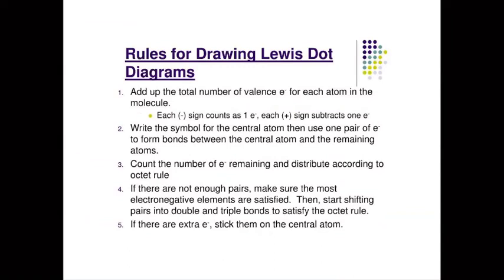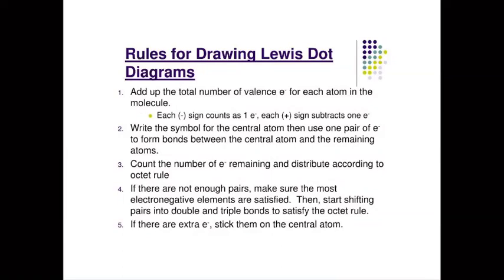Then we write the symbol of the central atom and form bonds around that central atom, okay? Then in step 3, we distribute the rest of the electrons according to the octet rule. So how many electrons in the octet rule?